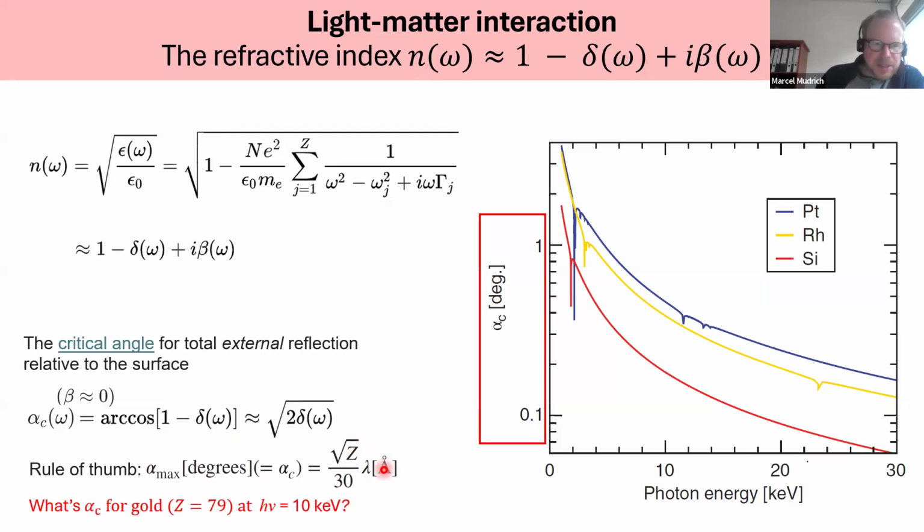So a little exercise for gold. Gold is one of the most frequently used materials for making these X-ray mirrors. Z equals 79 at 10 keV. What would be the critical angle for gold if we want nearly perfect reflection on our gold mirror at 10 keV? At what angle should we place the mirror?